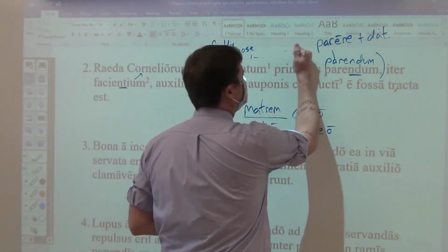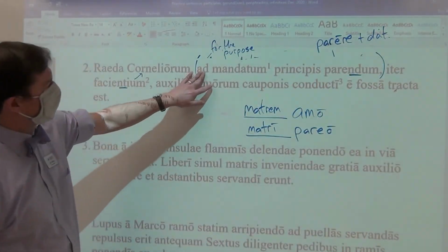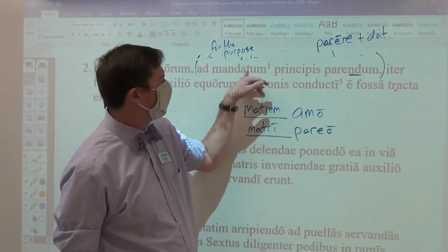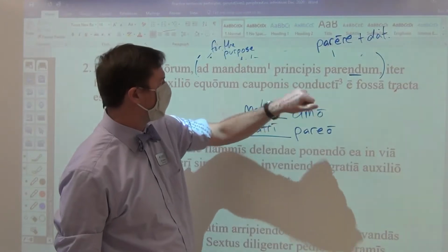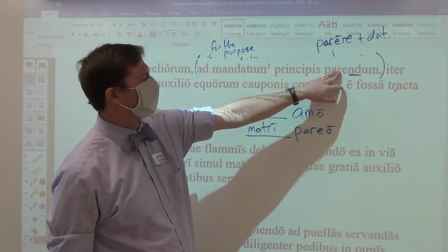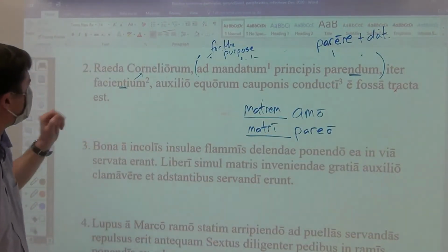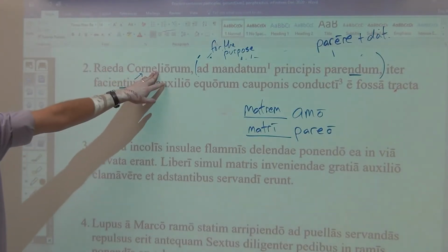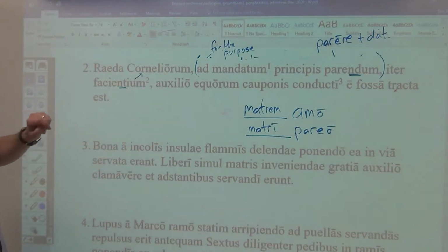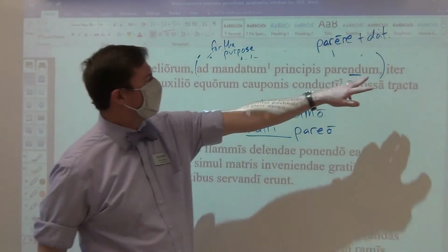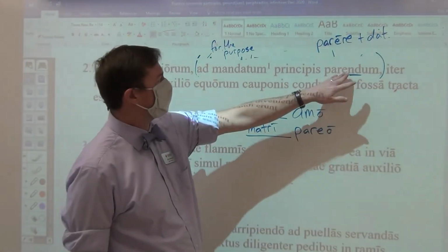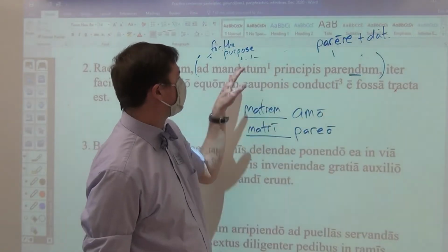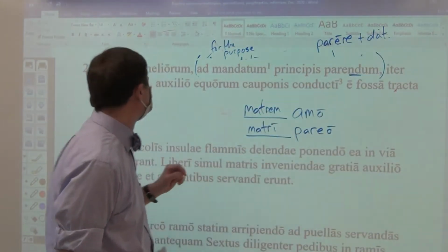So that's why I'm giving you the outright answer, at least for that part. So it's going to say, for the sake of the order, for the purpose of the order of the emperor, it's the emperor's order about to be obeyed. But I'll continue on. So the Raida Corneliorum, the Corneliorum facientium iter ad mandatum parendum, and it's mandatum principis parendum.